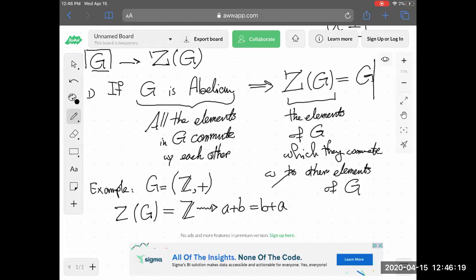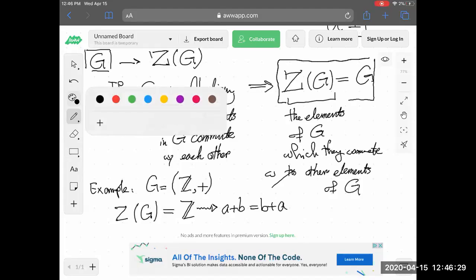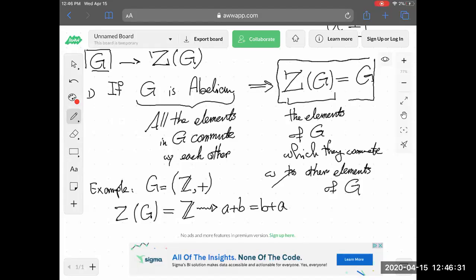Now, what about the other direction? If we know the center of G equals G, what can we say about this group if its center is equal to everything? Then the group is abelian. Exactly, because if the center is everything, it means everything commutes with everything else.